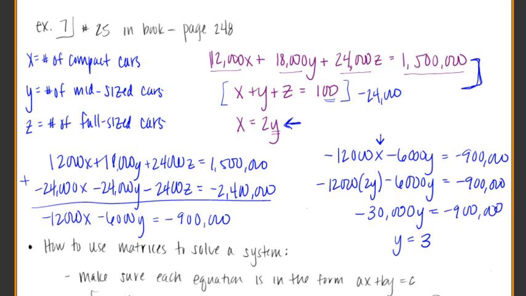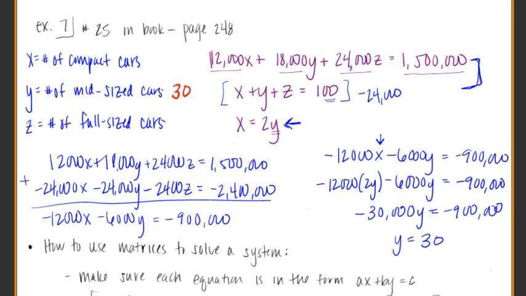That's a good sign. We got a nice whole number. I would be worried if it came out to be, let's say, 30.5, because remember, y represents a number of cars, and it's good that it comes out to be something like 30. So I'm just going to put a 30 right here. So we at least know what y is.